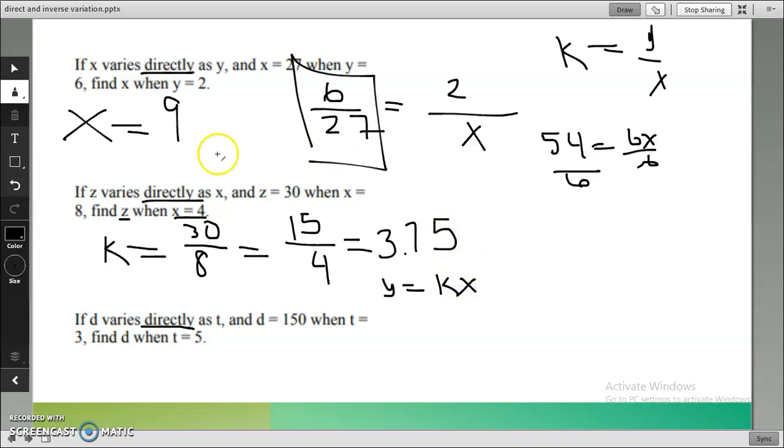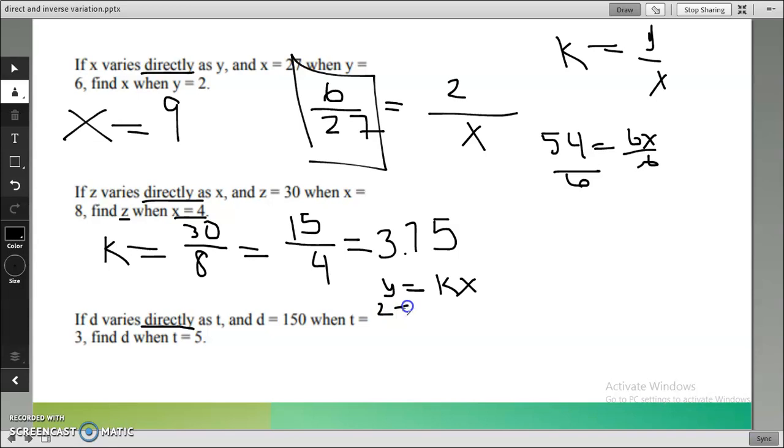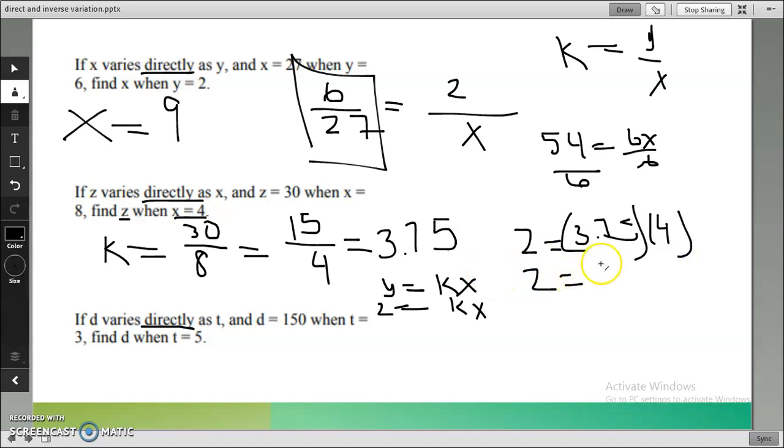We have z though, so instead z is equal to kx. So we want to find z. So z is equal to 3.75, which is our k, times x, which is 4. And I get z is equal to 15.